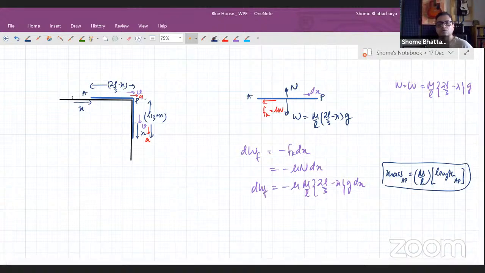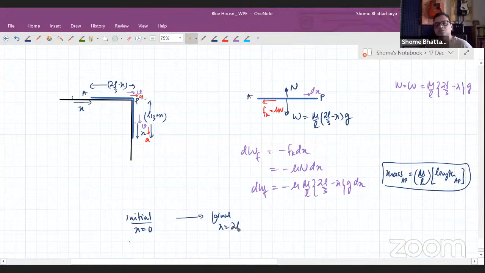Okay. So now going from initial situation where x was 0 to final situation where x is equal to 2L by 3. So in my above diagram, that was figure 1 and this one was figure 3. This one is the in between figure 2.